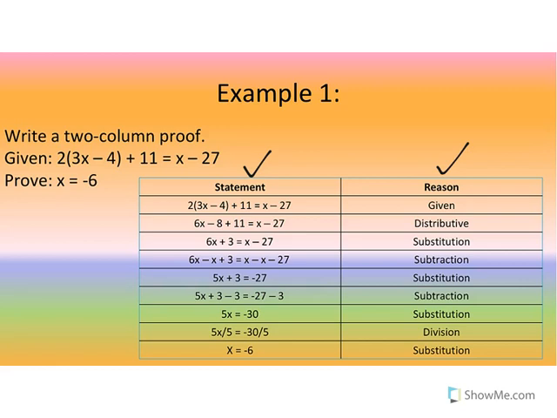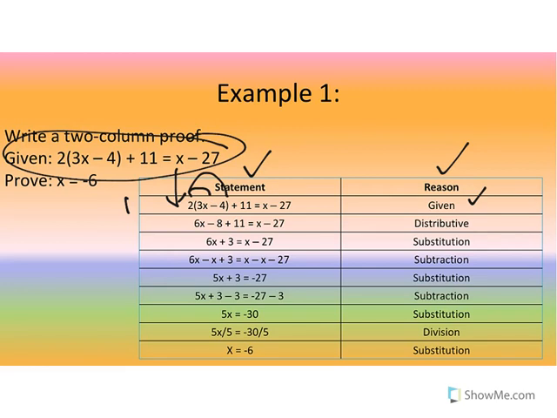For any proof, your first statement will always be based on what is given to us. So you would copy exactly what is there, and your reason is given. Then in step 2, we will work it out. We do 2 times 3x and 2 times negative 4, which gives us 6x minus 8.